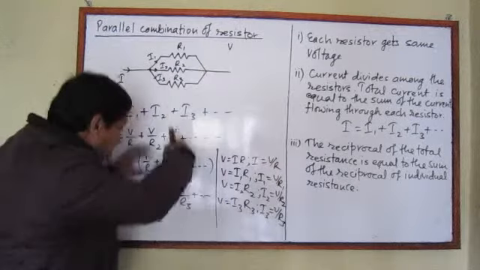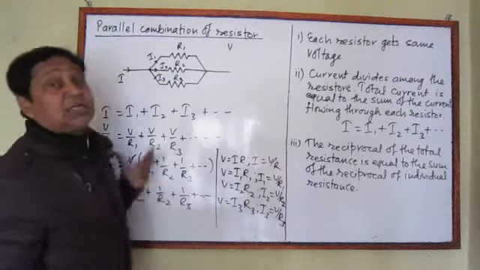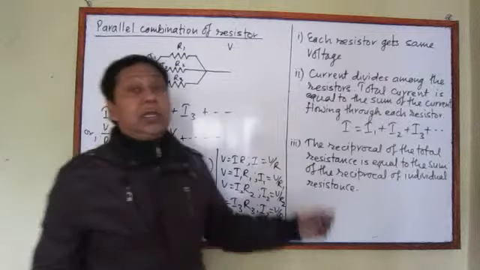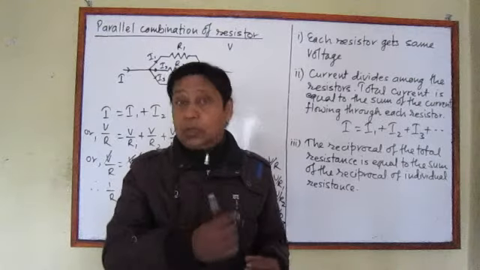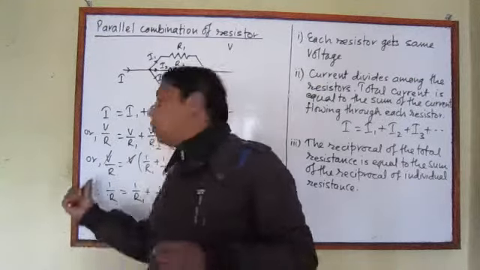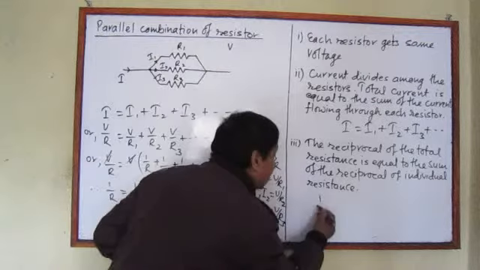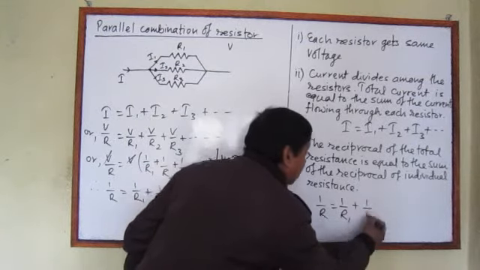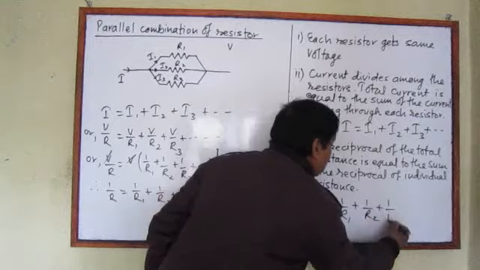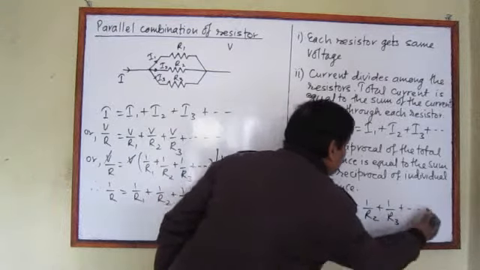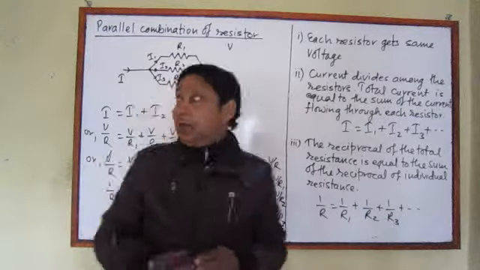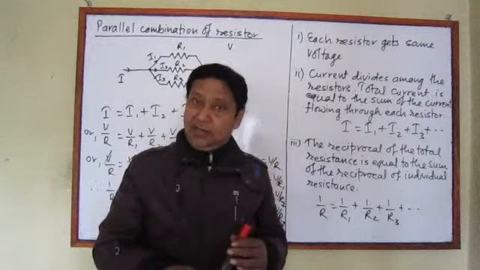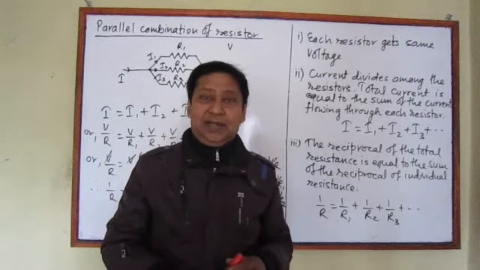And after this simple derivation, we can conclude that in this combination the reciprocal of the total resistance, denoted by 1 by R, is equal to the sum of the reciprocals of the individual resistances. This way we can understand a little more about the parallel combination of resistors.